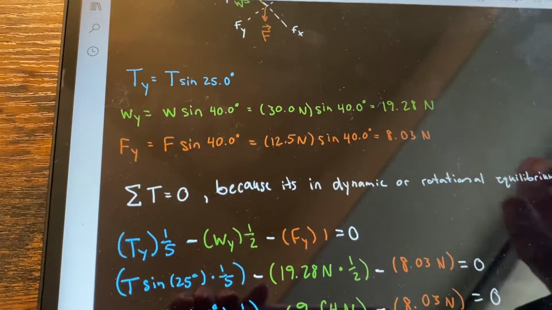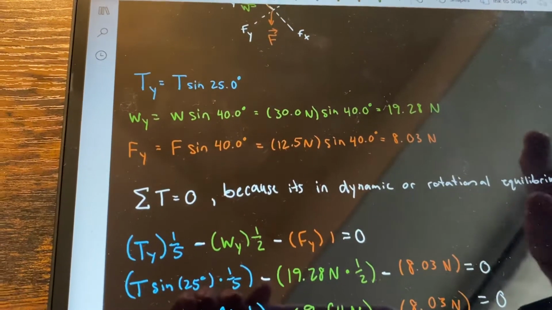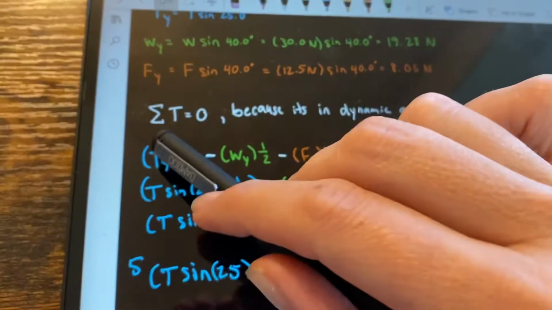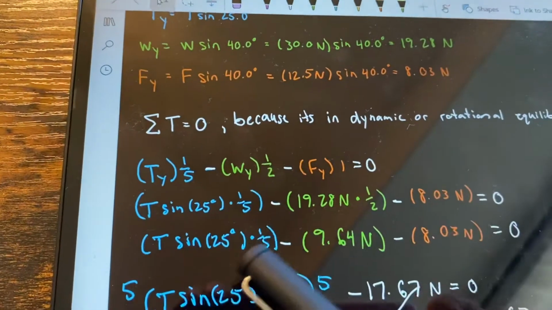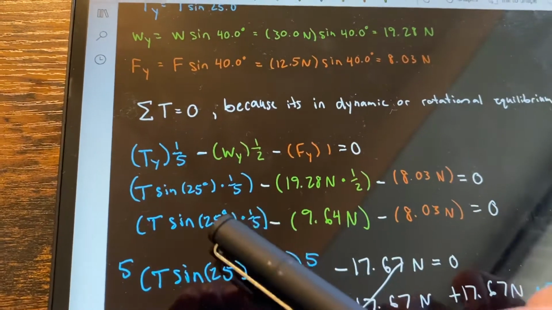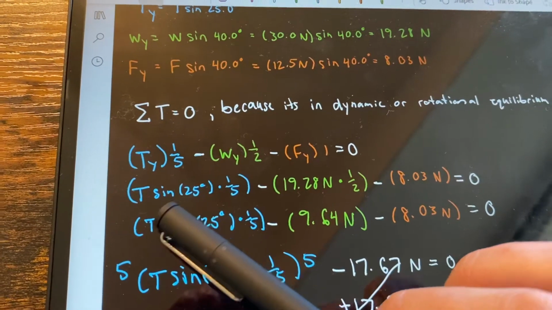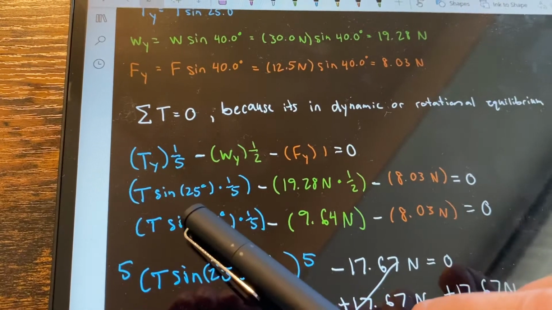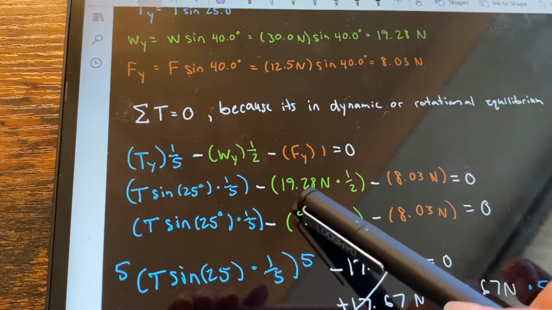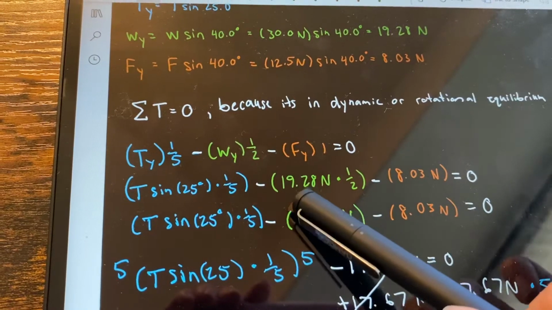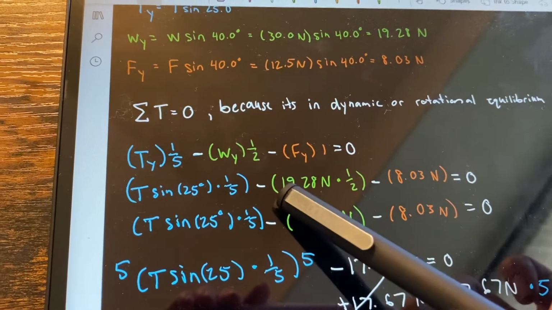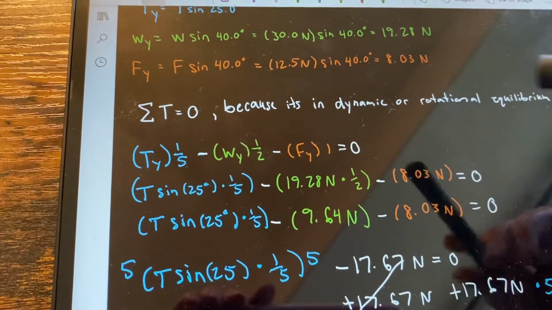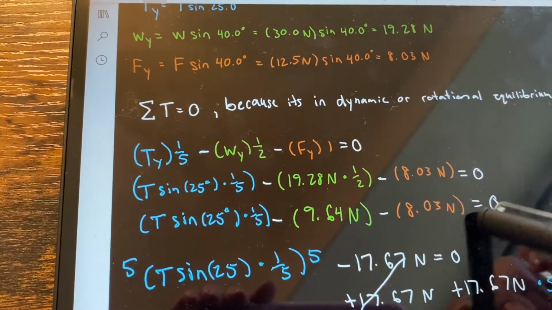And then because it's in dynamic or rotational equilibrium, we can just set all of our tension forces to 0. And then it's just plugging and chugging. So we have to solve for tension, which is still what we don't know, at the sine of 25 degrees, a fifth of the way down. And then you're just putting it in, subtract 19.28 because we're going in the negative direction, 8.03.